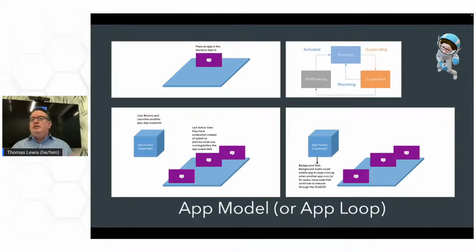So you may want to build in a way so that when you get out of an app or an experience, that thing will go away. But we do, as you see in the bottom right, have the concept of background tasks. For example, we could have background audio continuing to run even though we're not prioritizing that particular app at the time.